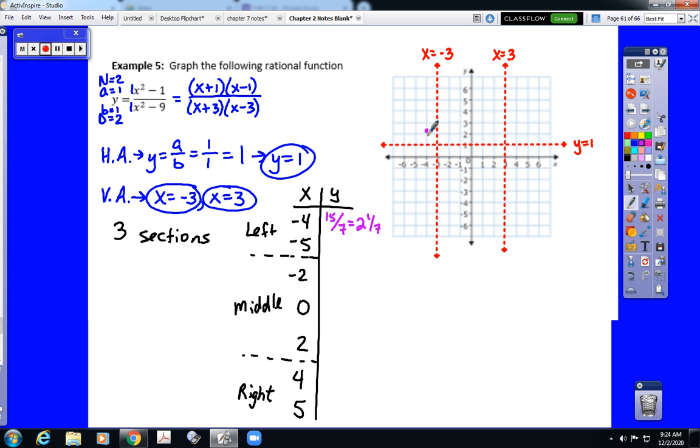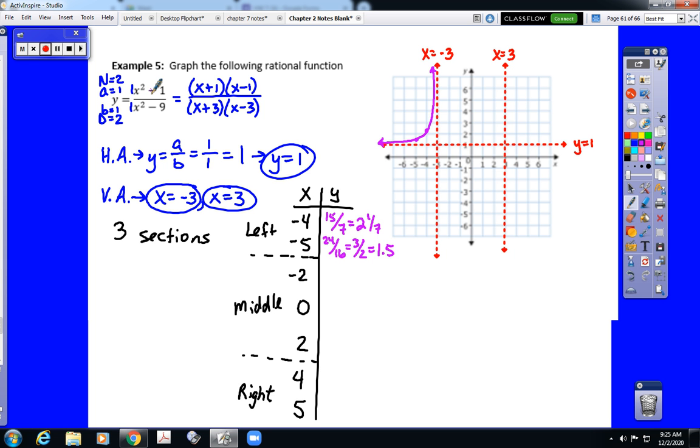For -5, we have 25 minus 1, which is 24, and 25 minus 9, which is 16. That reduces to 3/2, or 1.5. So we are significantly lower. That tells us the basic shape is that it's going to come in along the asymptote and then exit up top.